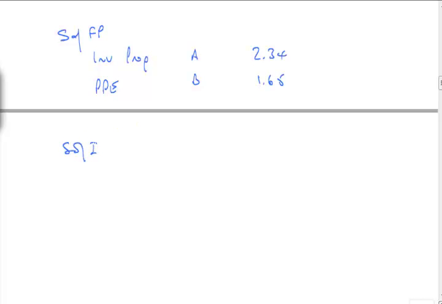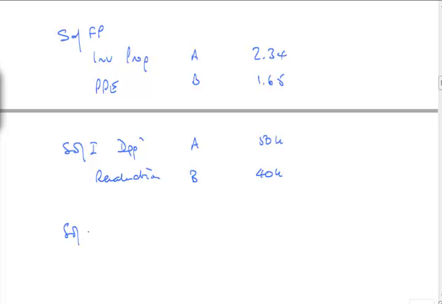Statement of income, we're going to have depreciation on property A of 50,000, and revaluation on property B of 40,000.